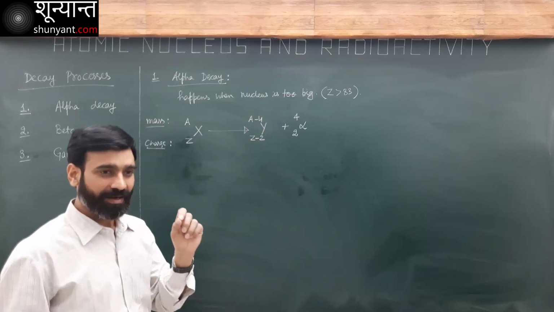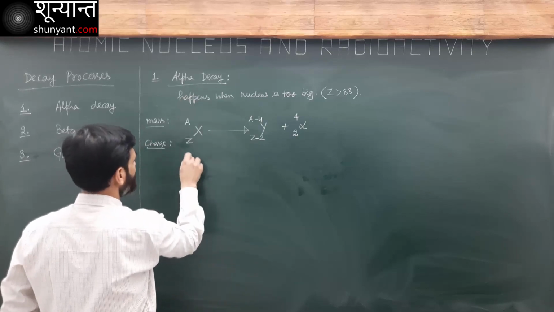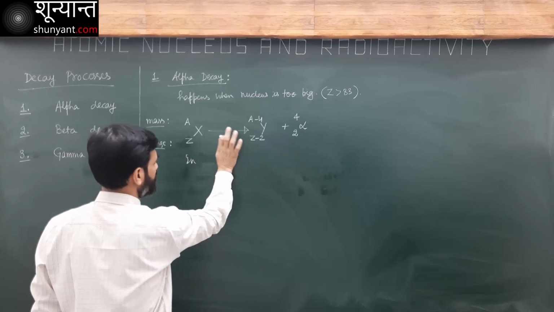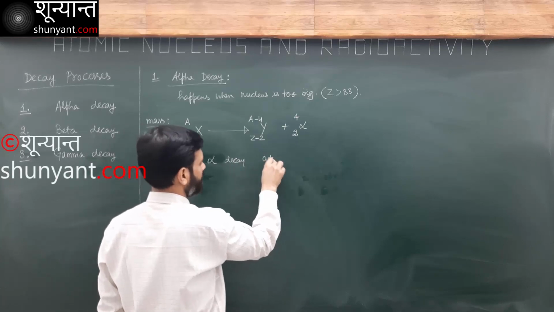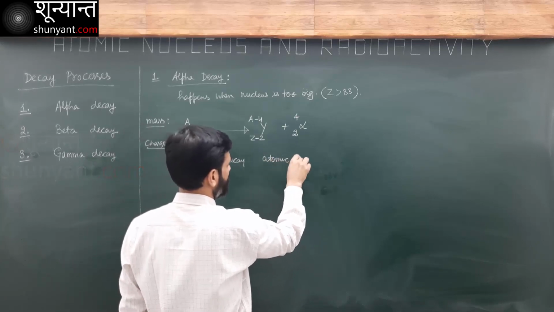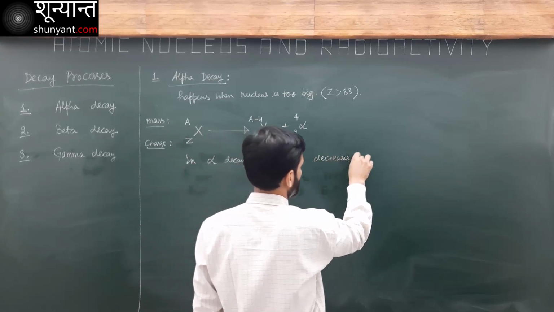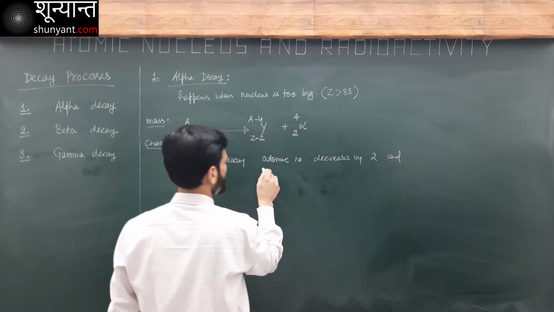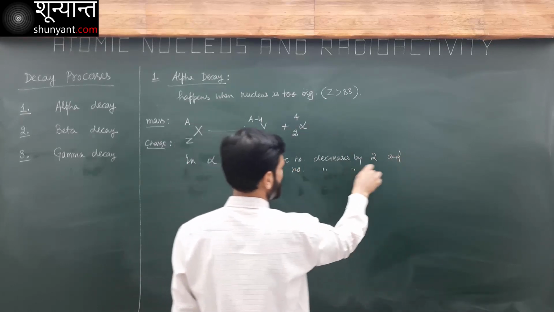So in alpha decay, the atomic number decreases by 2, and the mass number decreases by 4.